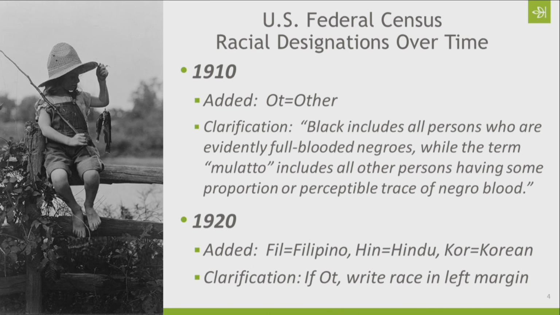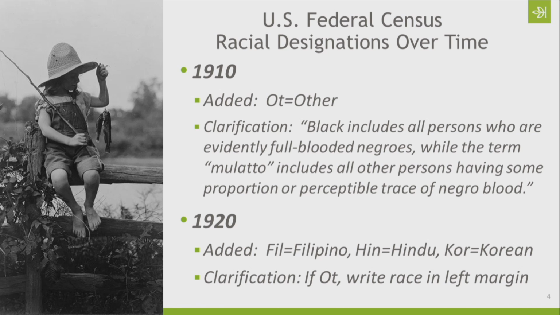Now in 1920, we add some additional racial designations, particularly additional Asian designations, FIL for Filipino, HIN for Hindu, KOR for Korean. And then there's a clarification given that I find fascinating, which is for other. So for that OT or other category, they were specifically instructed to write the race in the left margin.